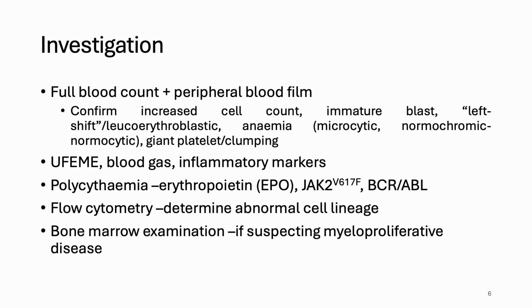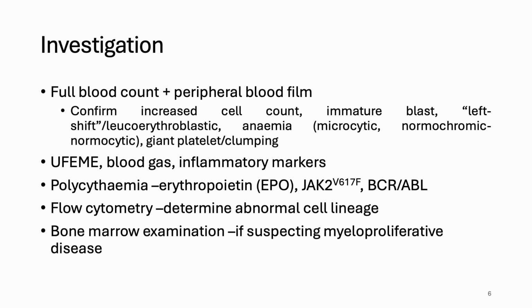Perform a urinalysis if the patient has hematuria, which would point towards the diagnosis of renal cell carcinoma. Perform a blood gas to look for CO2 retention, and if possible, we will look for features of carbon monoxide poisoning as well as a cause of polycythemia.